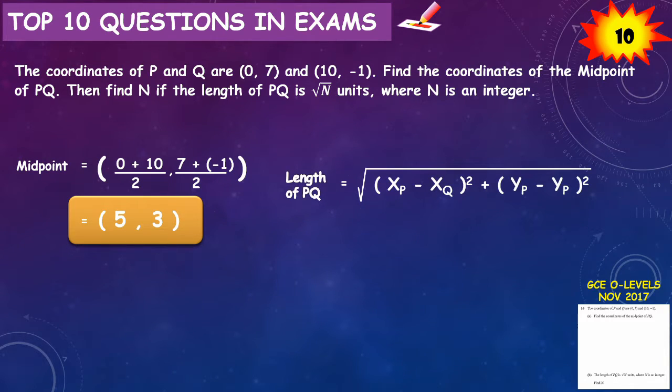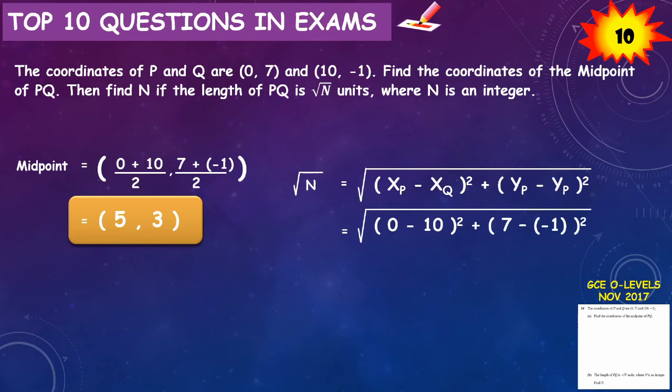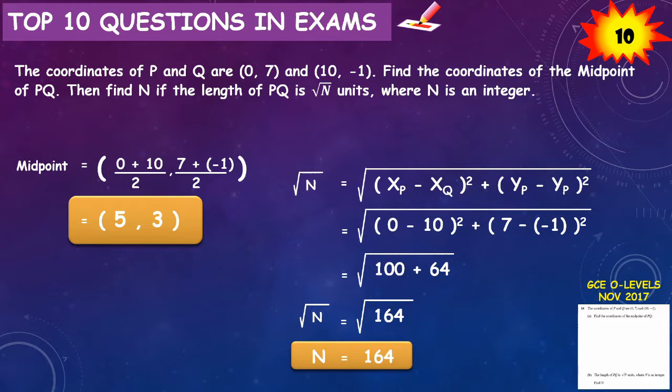To find the length of PQ, we use the distance formula as stated here. (0 minus 10) squared plus (7 minus -1) squared. The length of PQ is said to be square root of n. So since square root of n is square root of 164, we get the answer for n as 164.